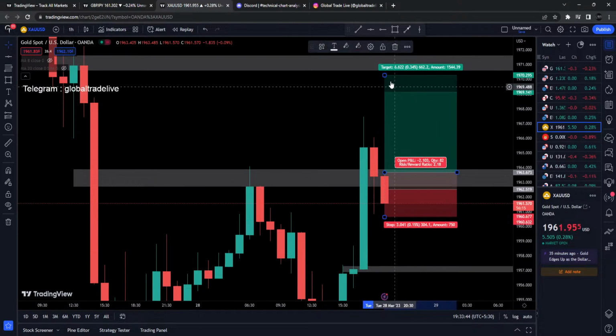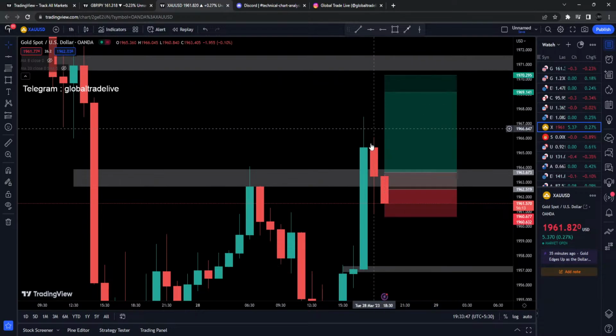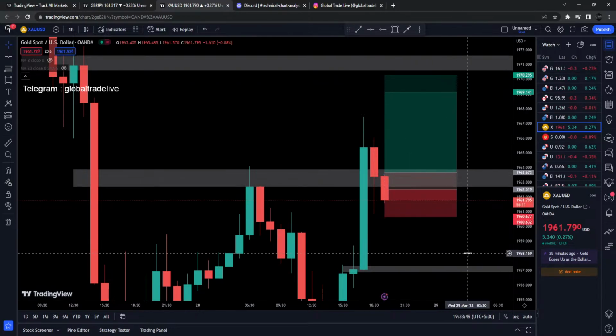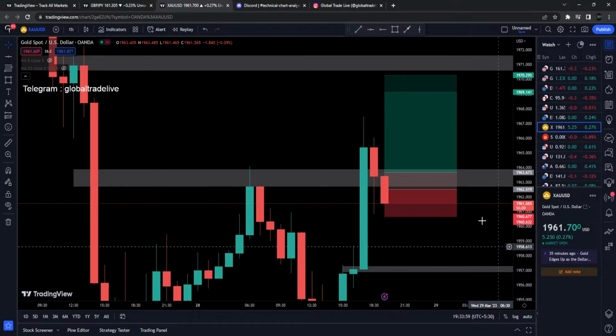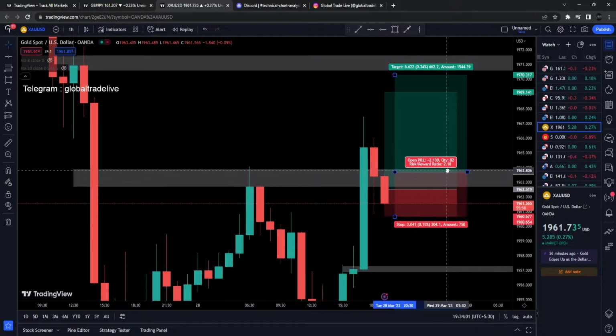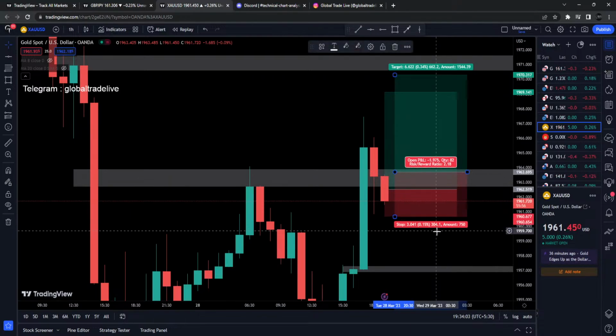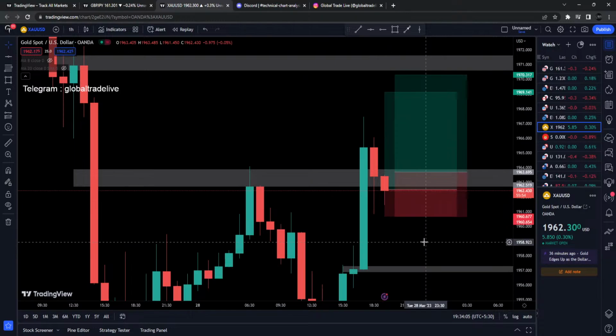I'll keep the stops same and target prices up. So let's see if it reverses back or not.